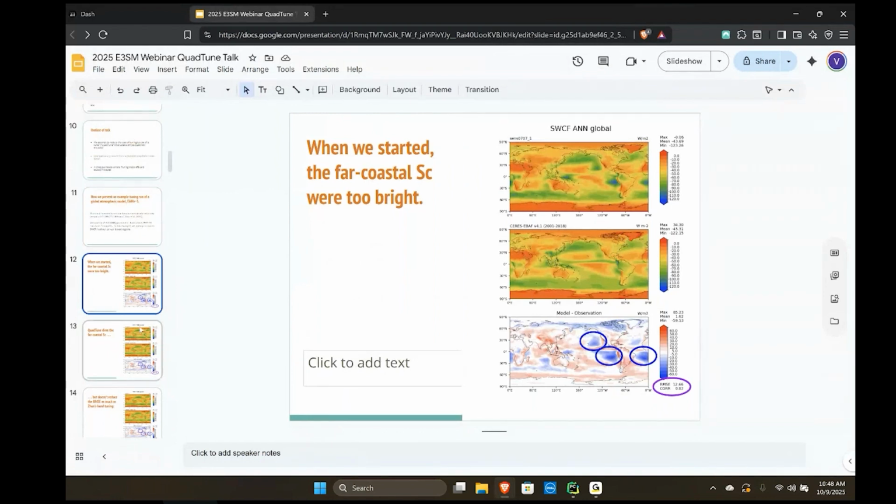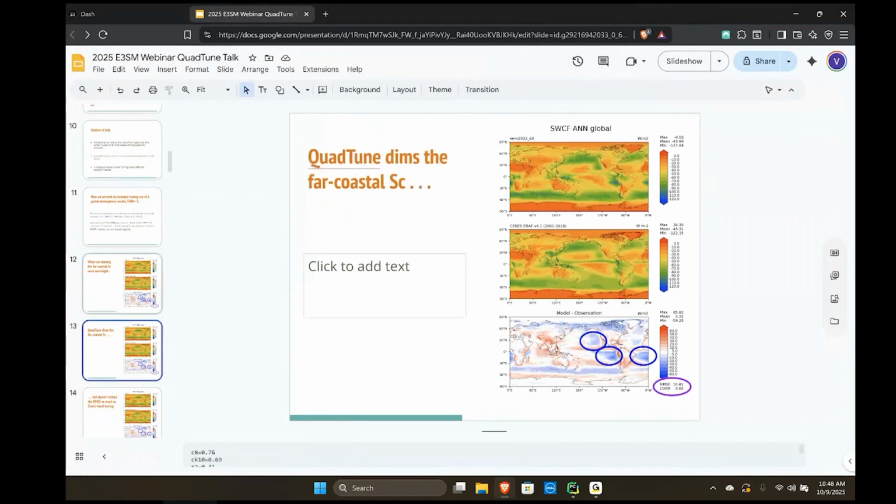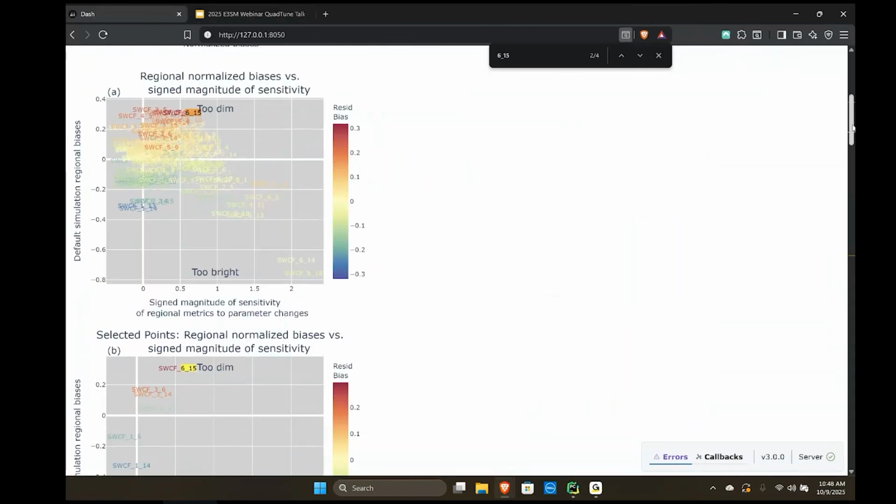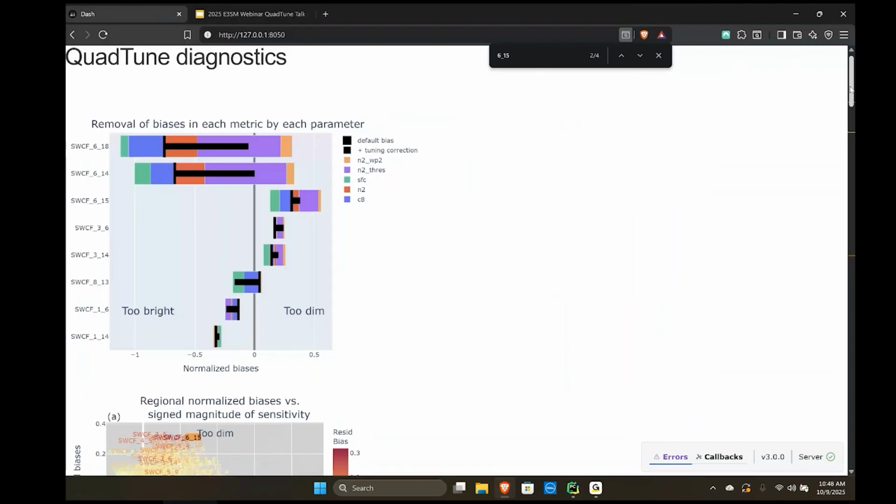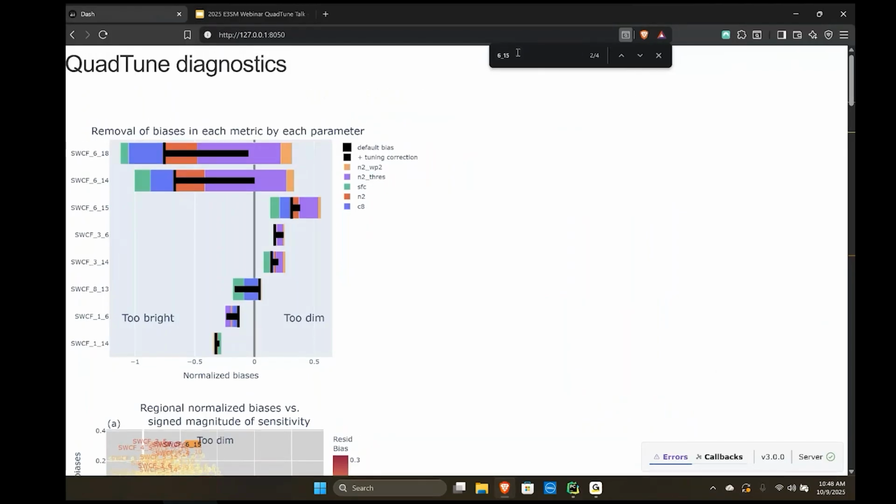And that, of course, I tend to forget about. The tuner is reminding us that these parameters are not helping with that dimness over the Amazon. So maybe we should look at that. The tuner gives you a sense of where to look in order to help with these model structural errors.